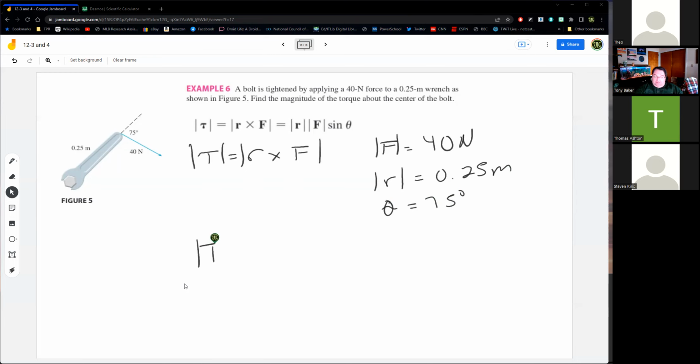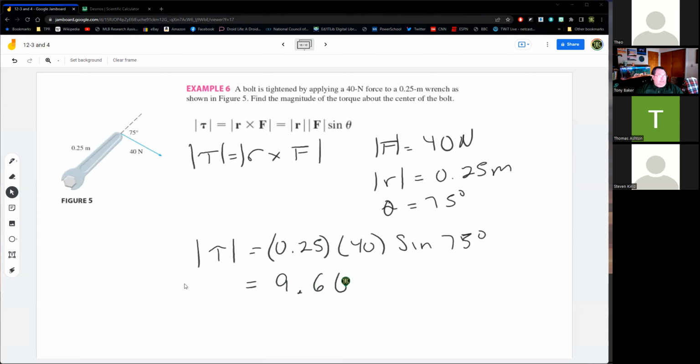So torque is going to be 0.25 times 40 times sine of 75 degrees. 0.25 times 40 is 10, and the sine of 75 is 0.966. So this comes out to be 9.66 Newton meters.